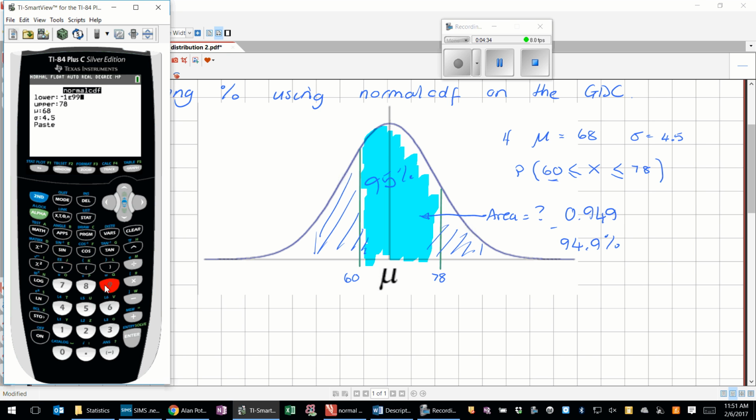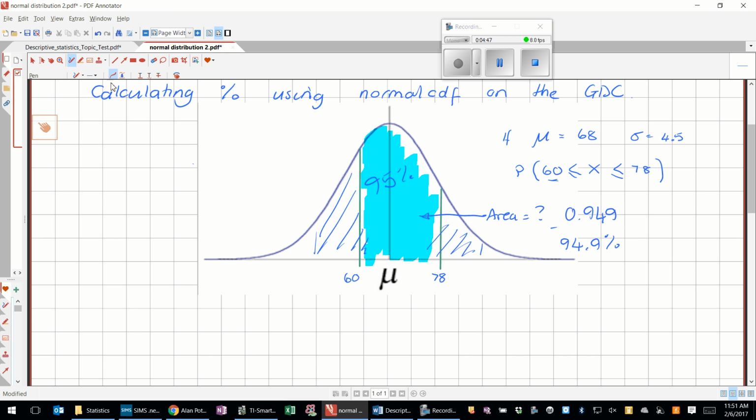Why does it have that? What does that mean? Do you remember? No? Well, it's a very, very negative number.